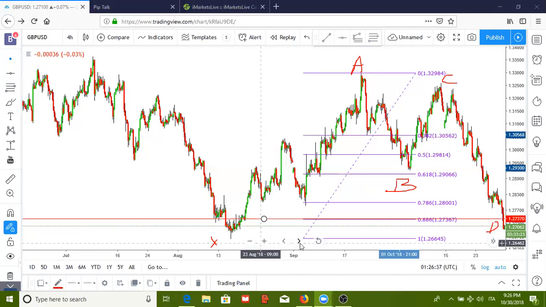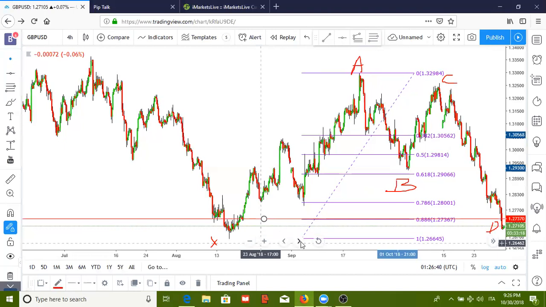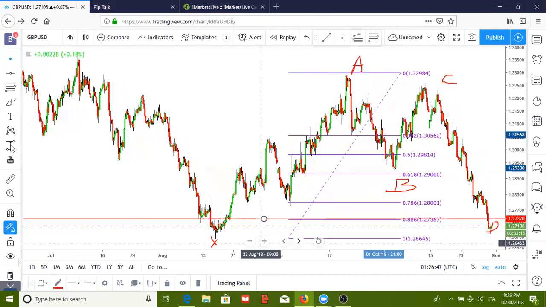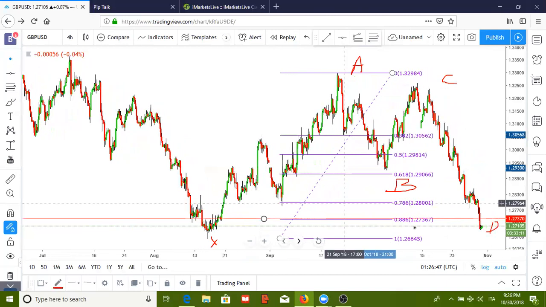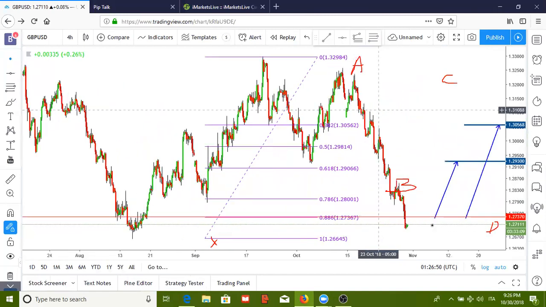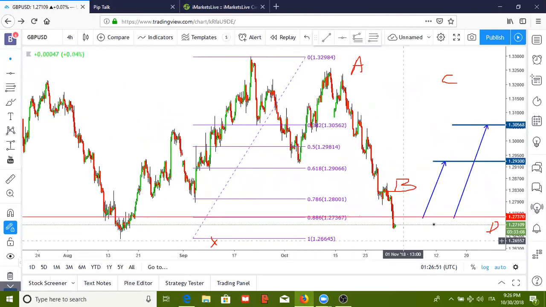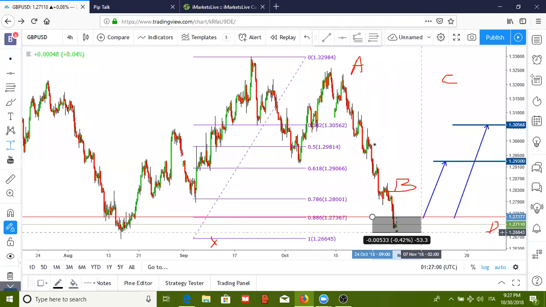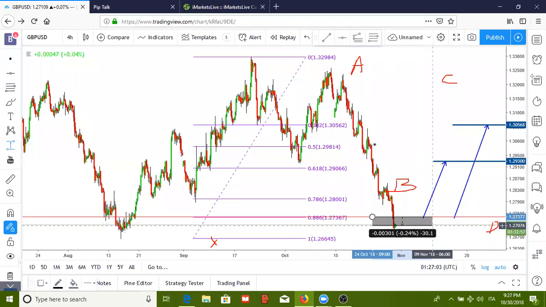Now we can start identifying our stop losses and our take profits. Like I say, I'm actually in this trade right now for a buy. I got in right here at this 88.6. I'm in drawdown for about how many pips is this? About 26 pips right now.